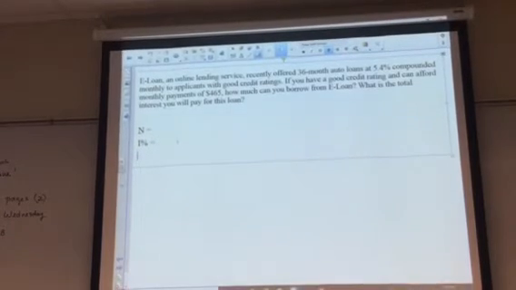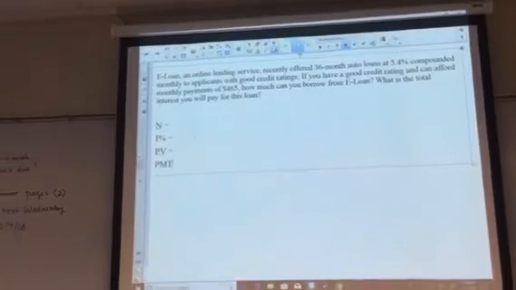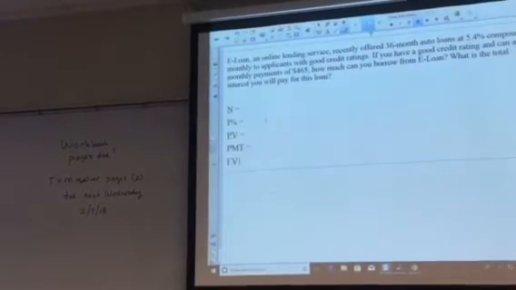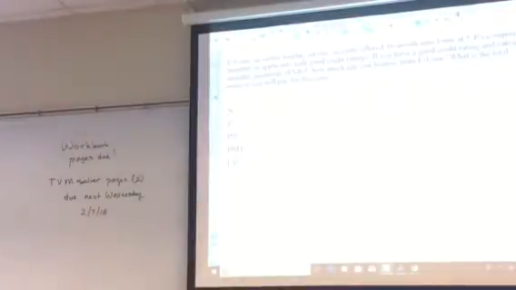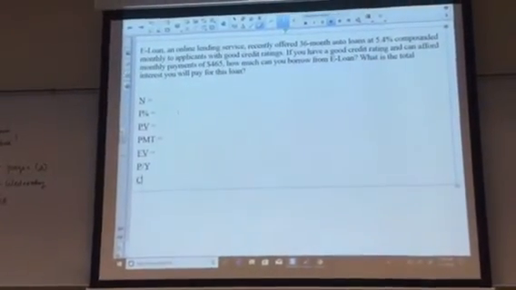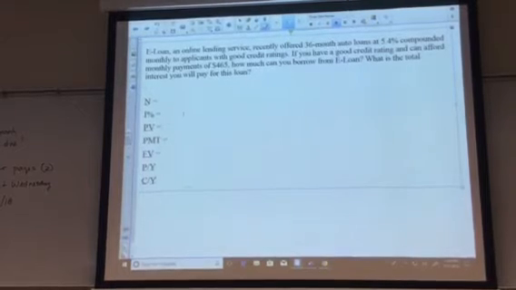We're going to need to know present value, payments, future value, and payments per year. These are the things I would expect to see on your test paper. This is your only support for a problem like this.